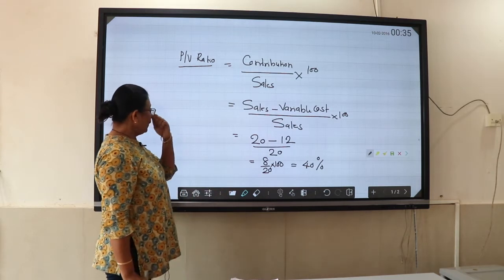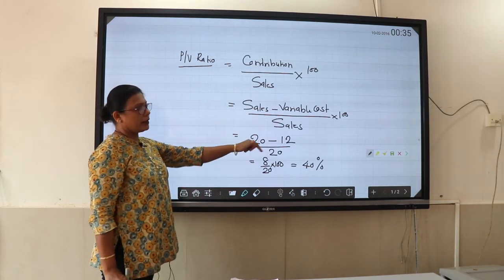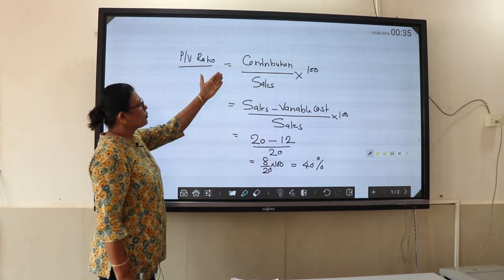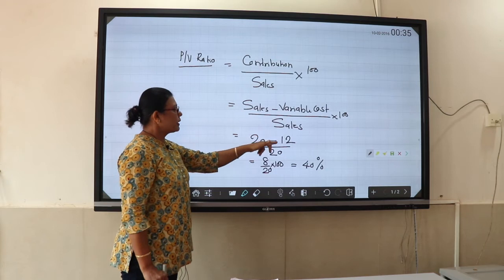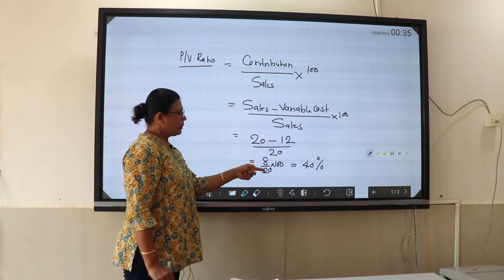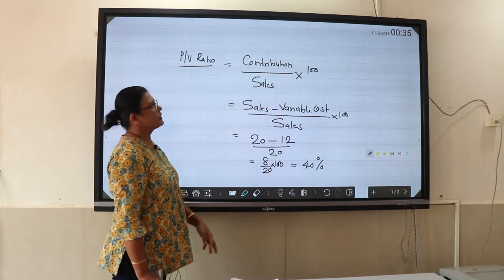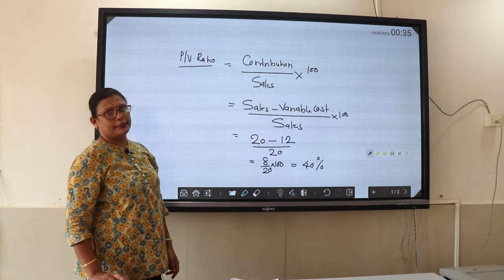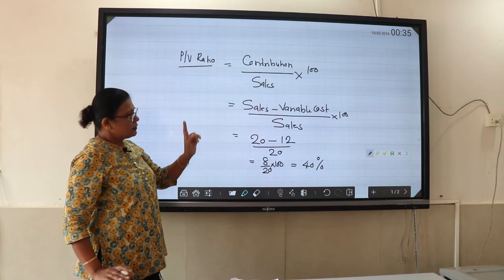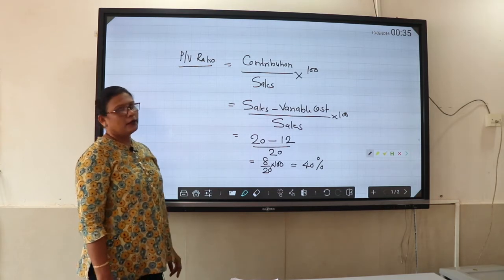So if I use the formula contribution by sales into 100, I get 20 minus 12 divided by 20, 8 by 20 into 100, 40%. So in this case, the PV ratio will become 40%. Right? This is the solution for that illustration.